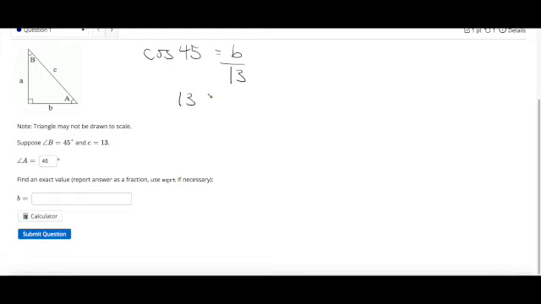B would be 13 cosine of 45. But I do want to mention that if this is 13, then that must be A or B times radical 2. And if B radical 2 equals 13, then B is equal to 13 over radical 2.